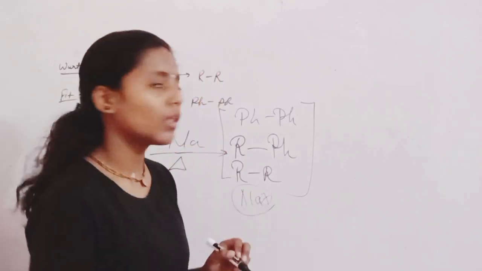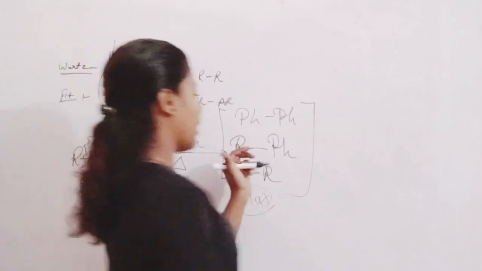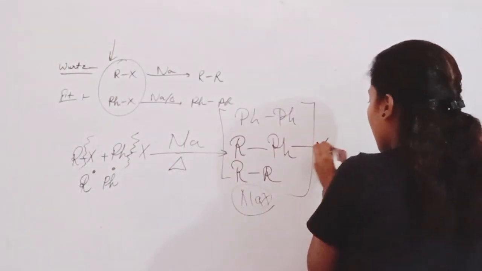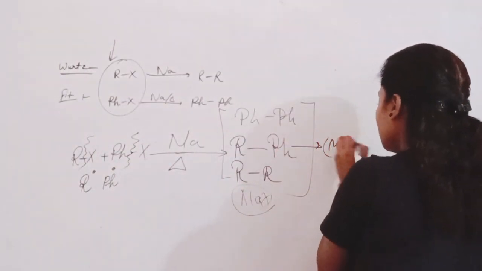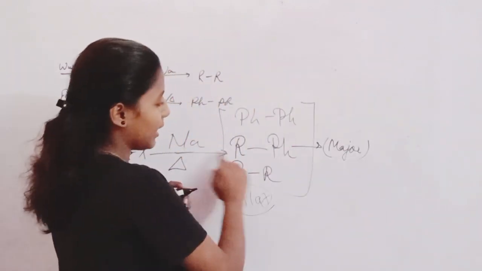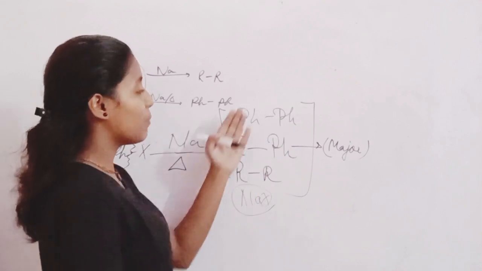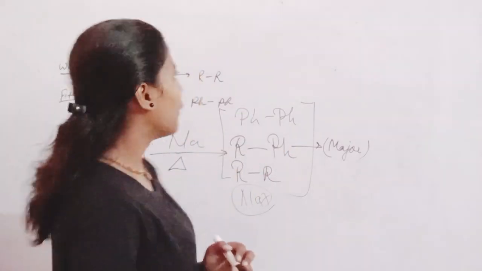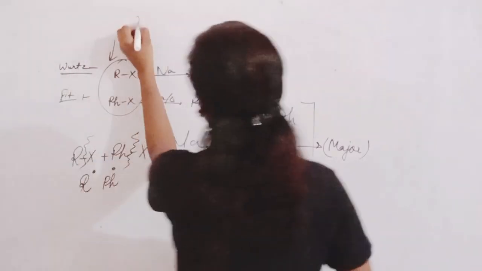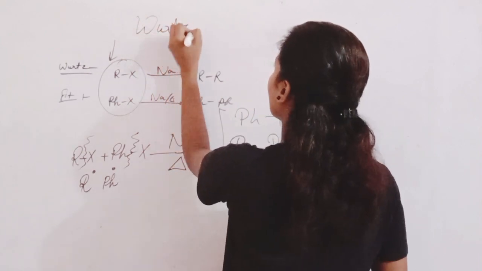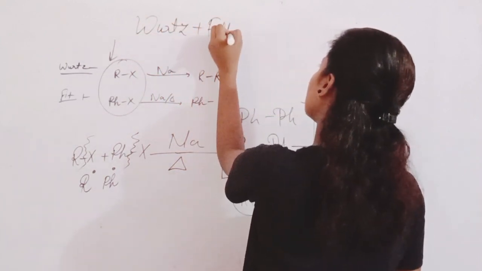Now you will ask me what the major product is. The major product is R-Ph. In the reaction, we basically write R-Ph along with NaX, hiding R-R and Ph-Ph, but these are also formed.